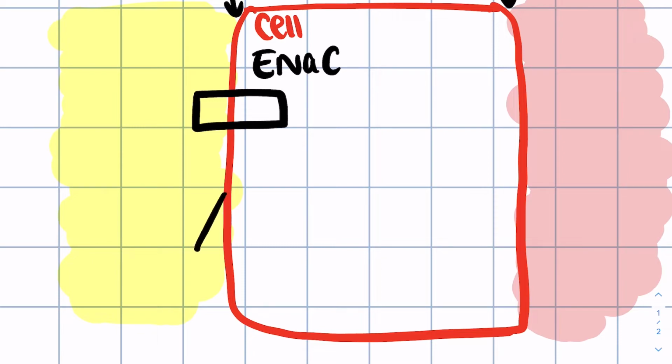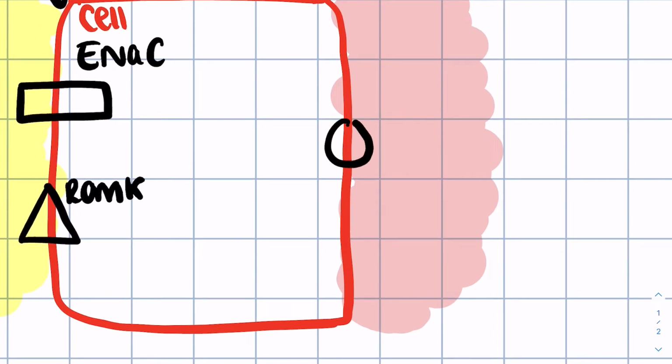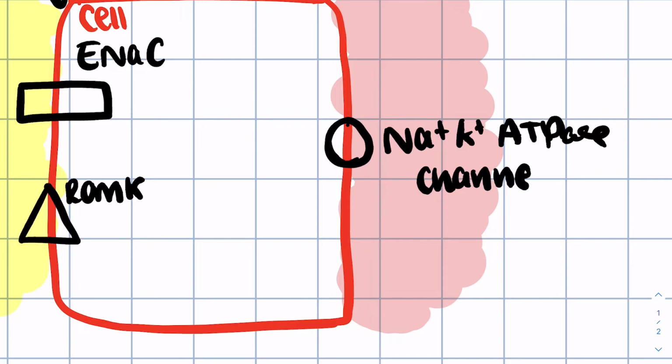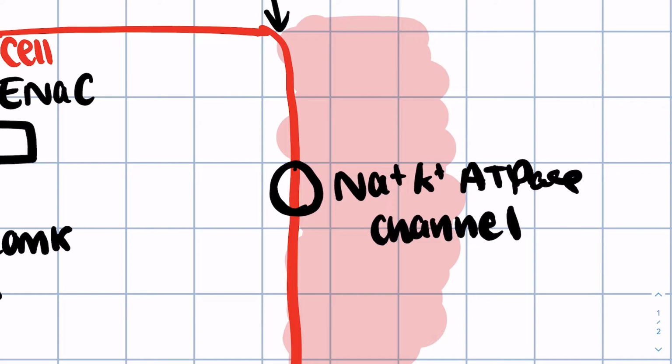we have a ROMK channel, and we have, of course, the classic sodium-potassium ATPase channel. So, as we all know, the sodium-potassium ATPase brings potassium in and pumps sodium out, okay?